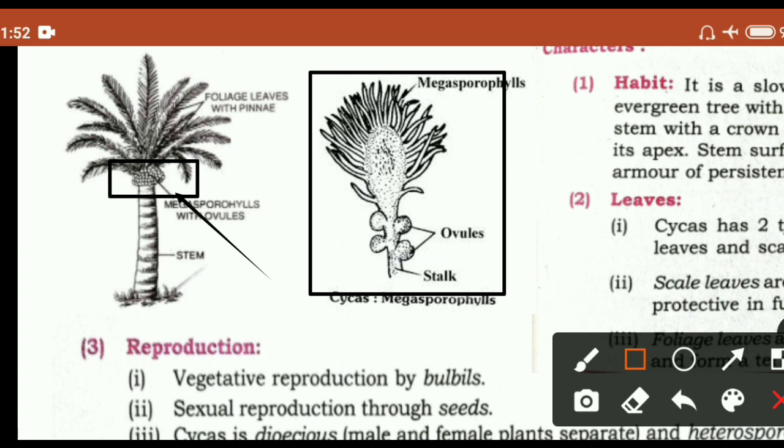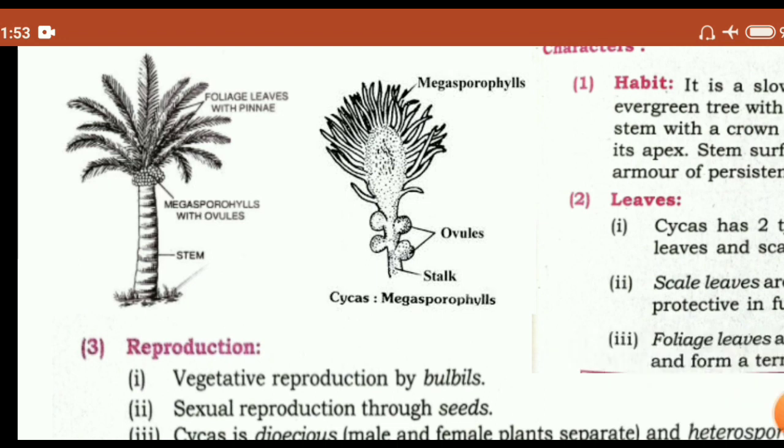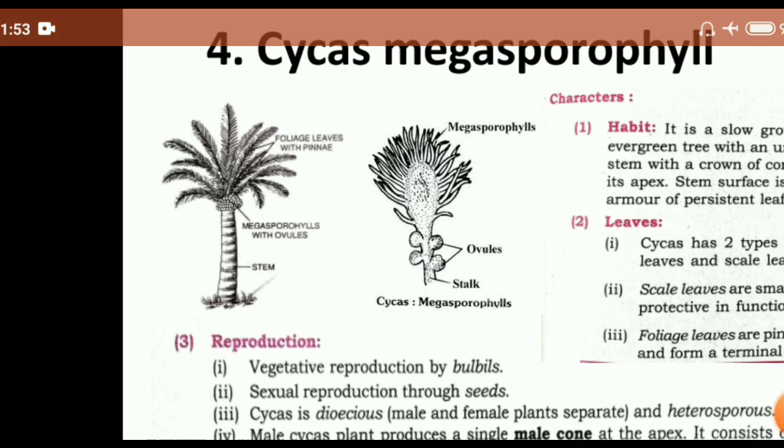So on this megasporophyll, you have bulb-like structures which are called ovules. So inside these ovules is the egg cell or the female gamete, whichever way you may call it. So here, how do you remember the word?